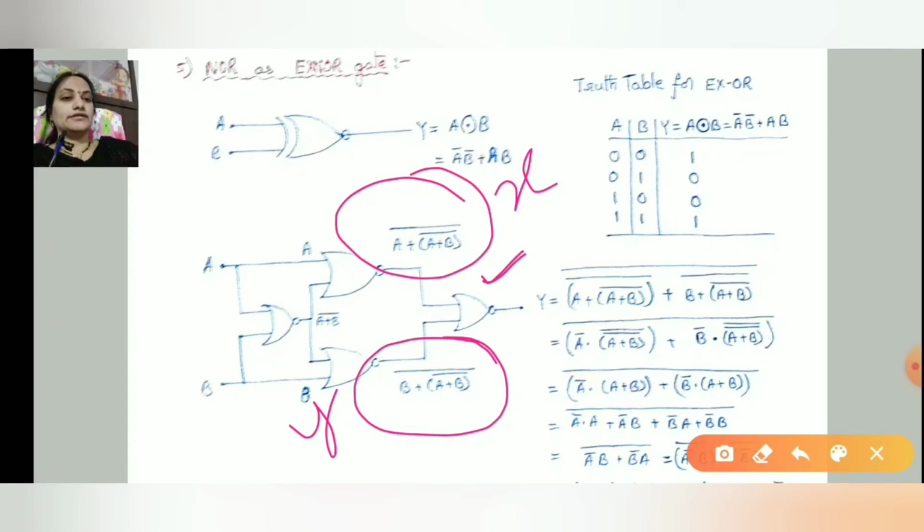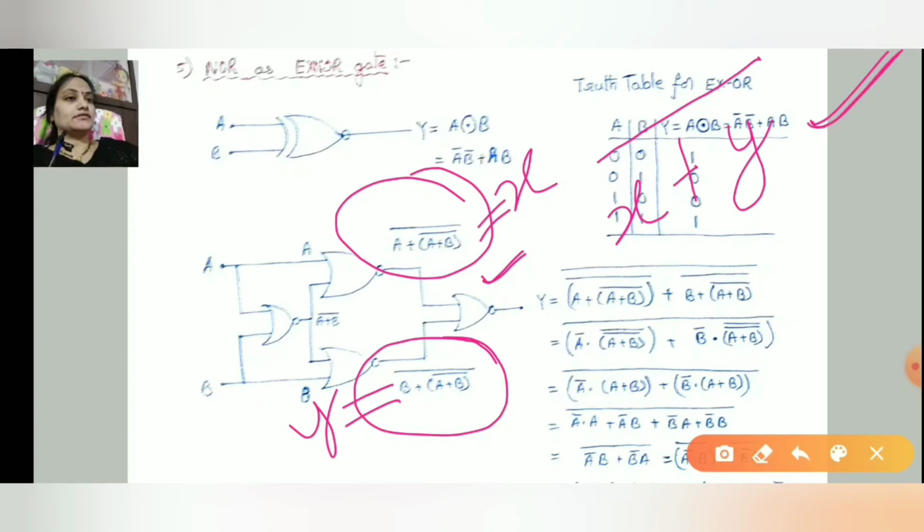Now according to the definition of the NOR gate, what is the output? That is the whole complement of the addition of two inputs, that is X plus Y. Now substitute the values of X, Y in this expression. That's why you got this expression like this.